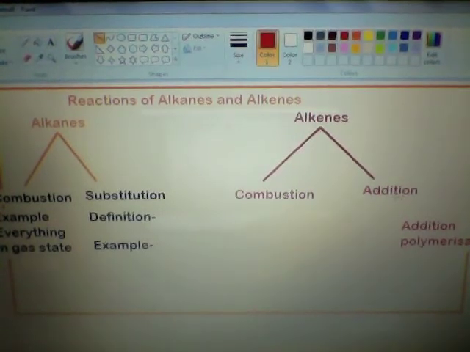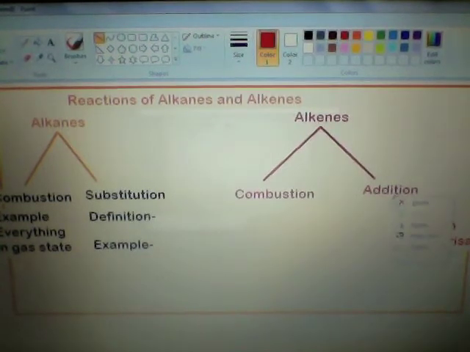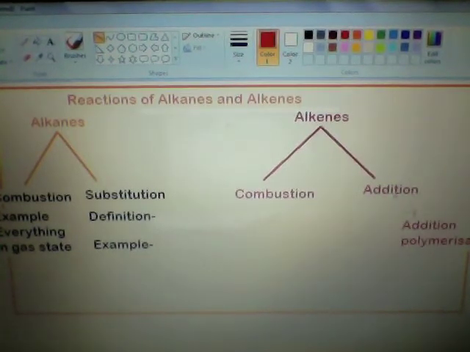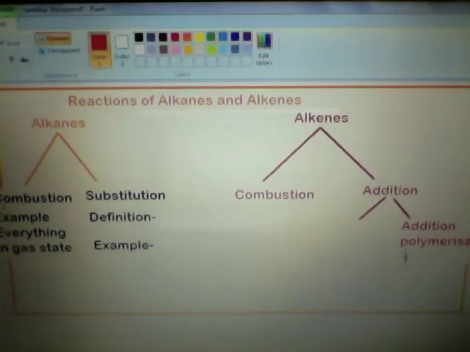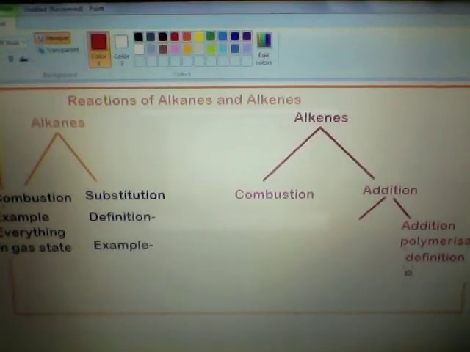So this side will be what we've just done. But let's go addition polymerization. Addition polymerization. And we have a good definition. And then we have a good example.